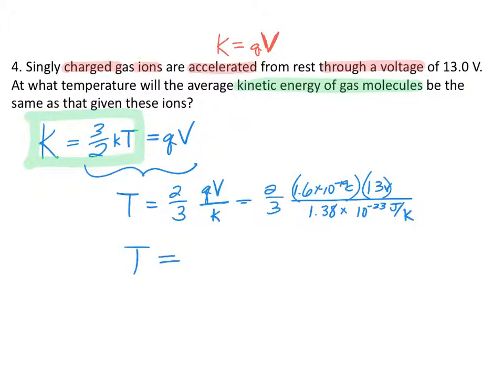And so all of that works out to a whopping 10 to the 5th Kelvin, which is kind of a large temperature. You convert it back to Fahrenheit or Celsius, so that's a lot of energy associated with accelerating those things. Are probably making some plasma or something. And so that's it. We got our temperature associated with that.